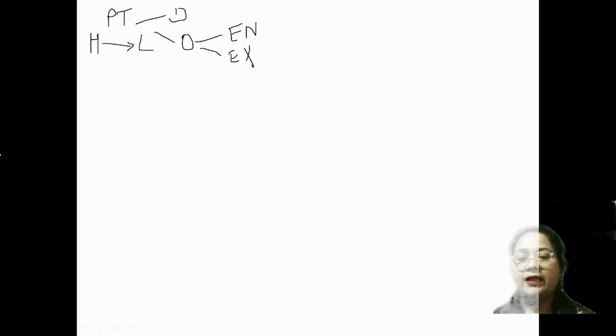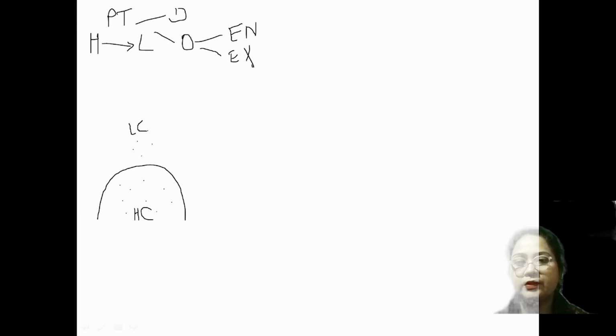Okay, now let's see about passive transport. Suppose I'm taking a part of the plasma membrane. What happens during passive transport is movement of molecules from a region of higher concentration to lower concentration. Suppose inside the cell there is a higher concentration of molecules, and outside the cell the molecules are of lower concentration.